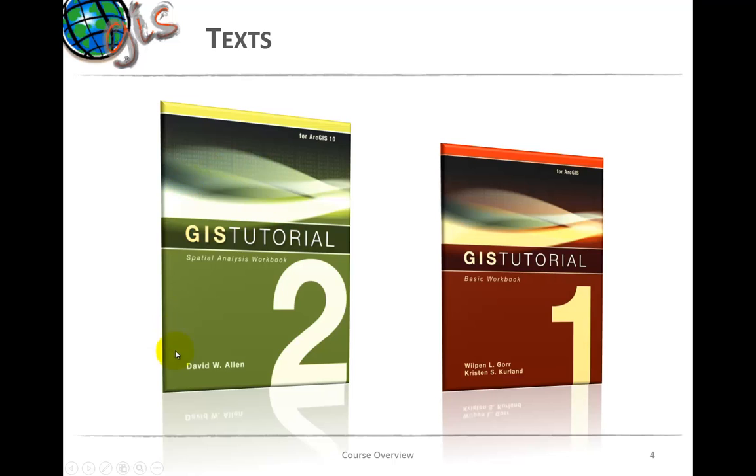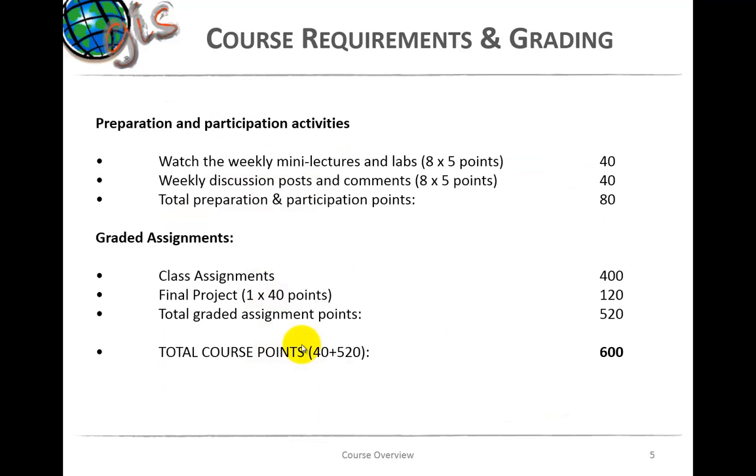But our main focus is on GIS Tutorial 2, and that's what we'll finish off. We'll work through it, and we will make sure that you get something out of this class at the end of 8 weeks.